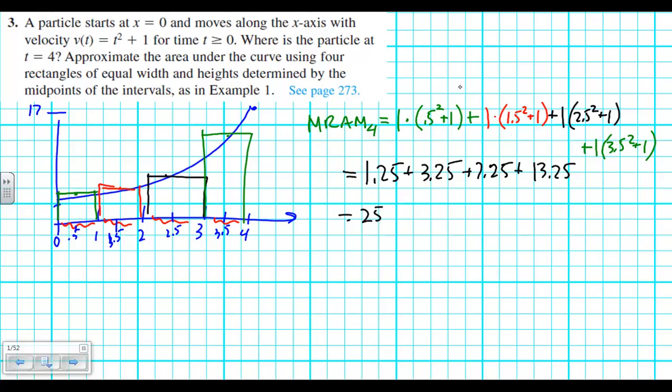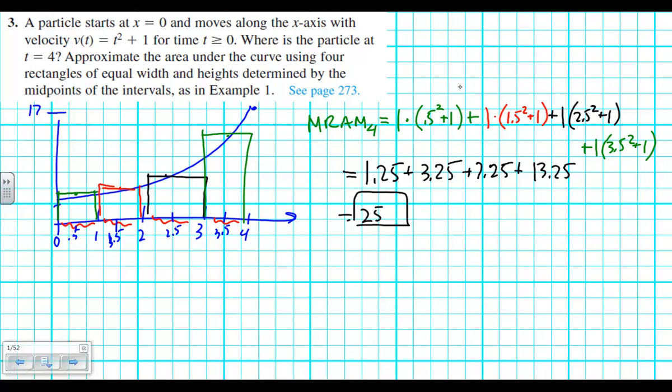Okay, now we're not done, because this problem happens in context. Oh, they didn't give us any units. They didn't say t is in seconds. They didn't say that velocity is in centimeters per second or anything like that. So our distance traveled is 25 units, whatever that is.